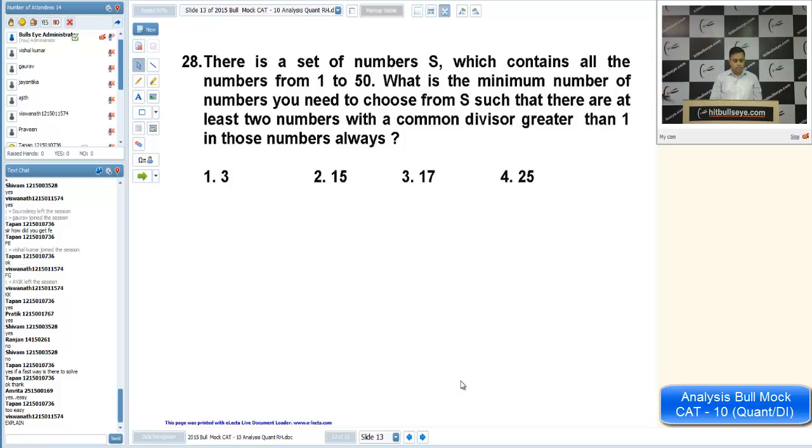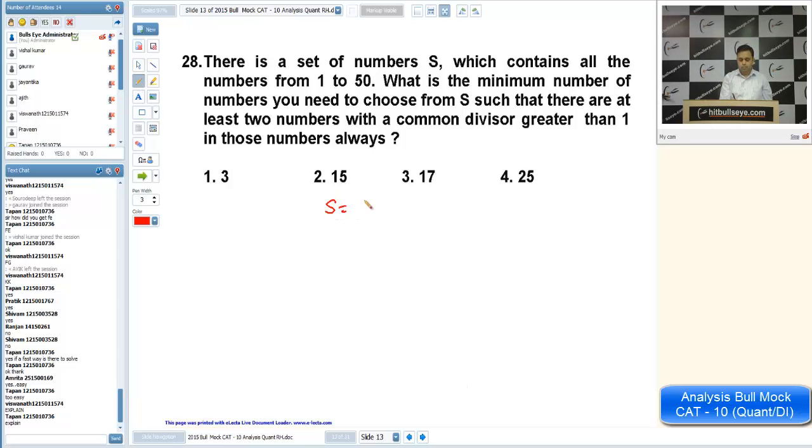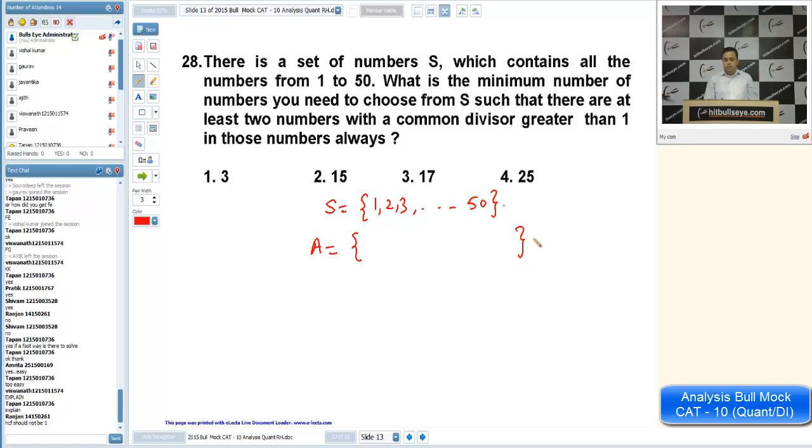Okay, Vishwanath. The question says that set S has all the numbers from 1 to 50: 1, 2, 3 up to 50. Now we want to form a subset of S such that the HCF should not be 1.